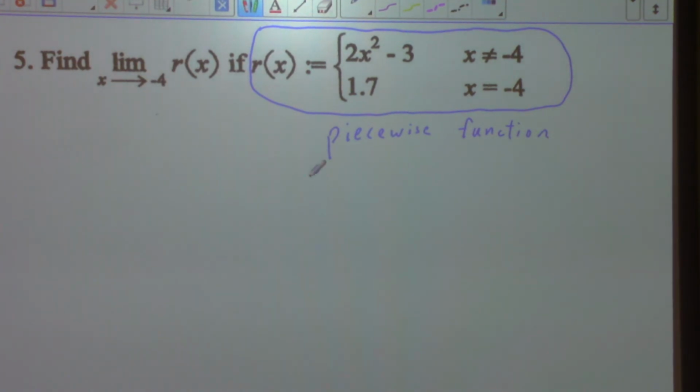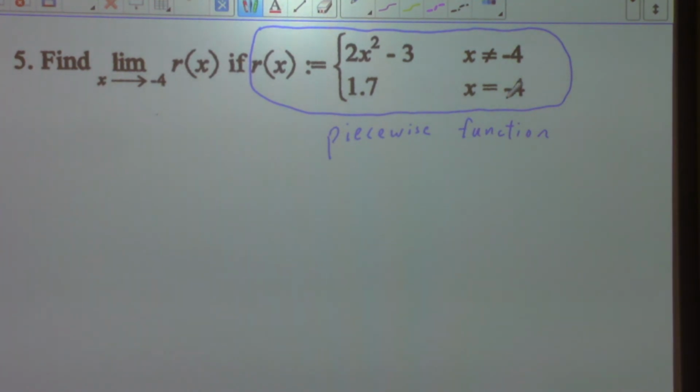Now, a piecewise function is a function, but has different function rules for different parts or intervals of its domain. In this case, it has a rule of 2x squared minus 3 for x not being equal to -4, and has another rule of r of x equals 1.7 when x does equal -4.